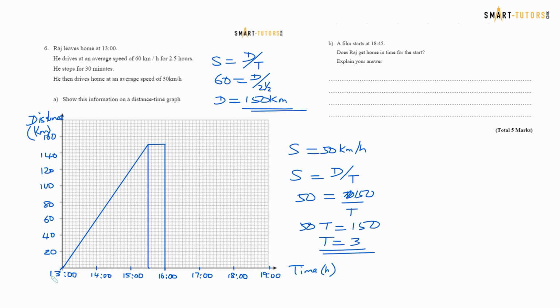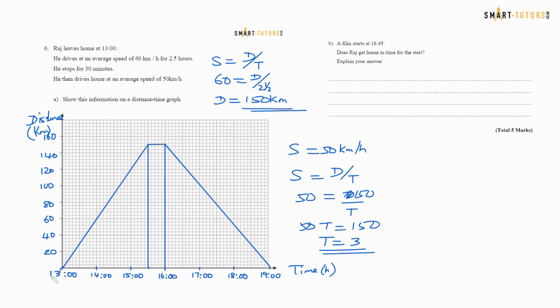So t equals 3 hours means you need to travel 150 kilometers, and 50 is the speed, and 3 hours from here. So 4 o'clock plus 3 hours is 7 p.m. So you need to connect a line from here to here. So that is the distance time graph.